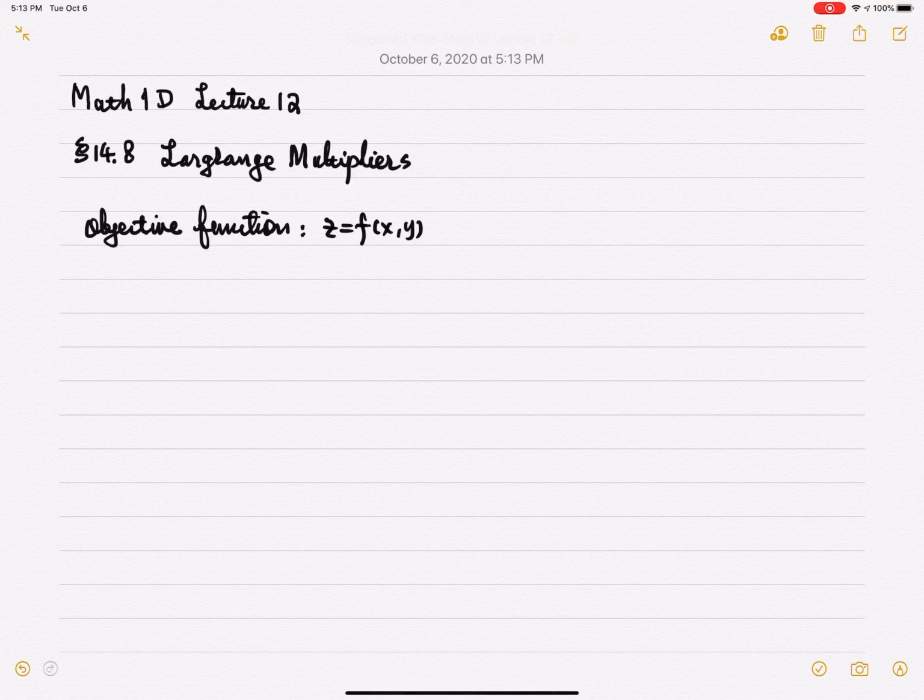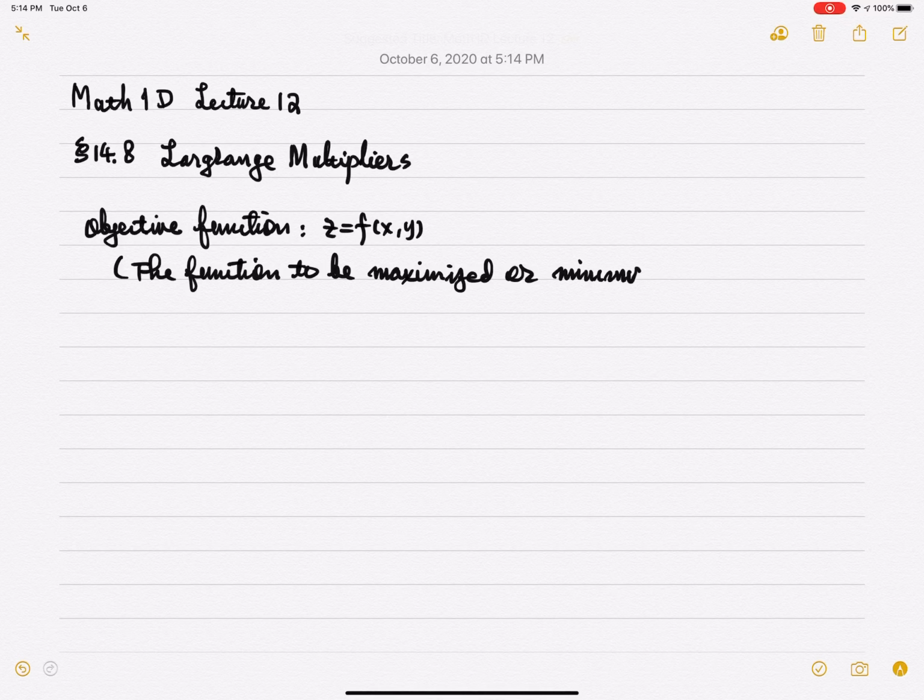We say this is the function to be maximized or minimized. That function we call the objective function.